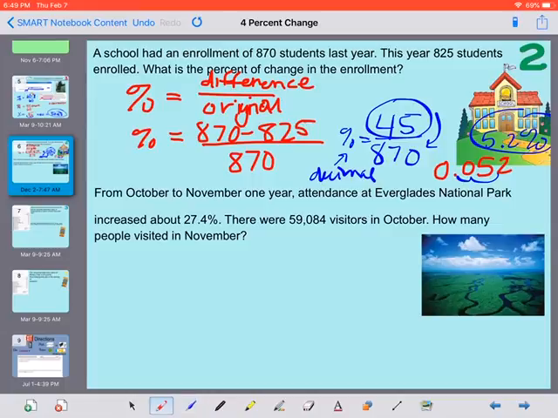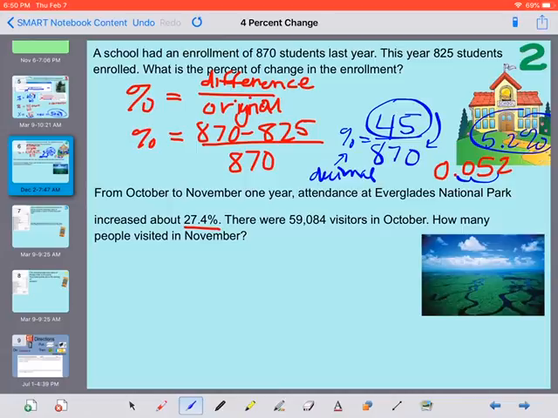Next, it says from October to November one year, the attendance at Everglades National Park increased by about 27.4%. There were 59,084 visitors in October. How many people visited in November? So this one is actually a two-part question. First, we're going to figure out the total number of people in November.